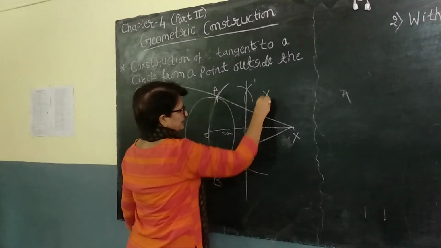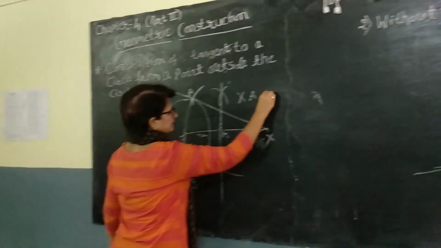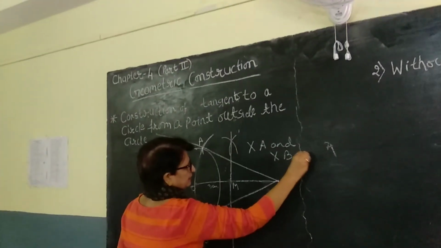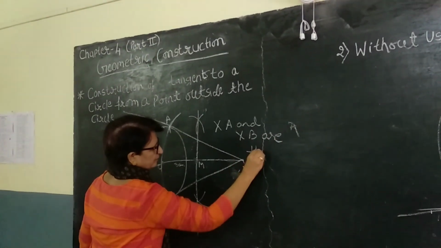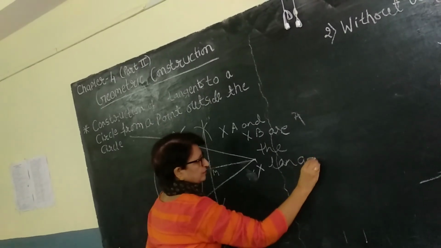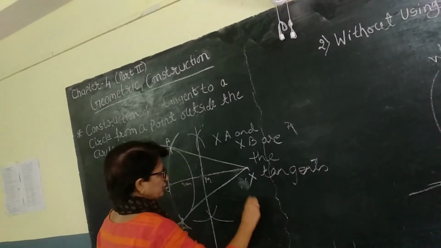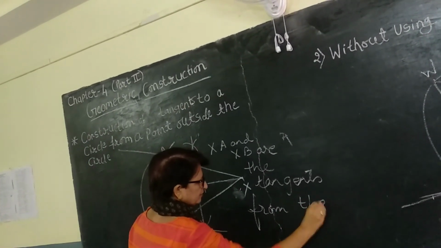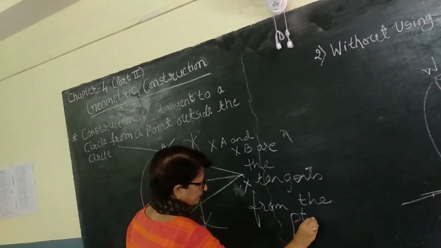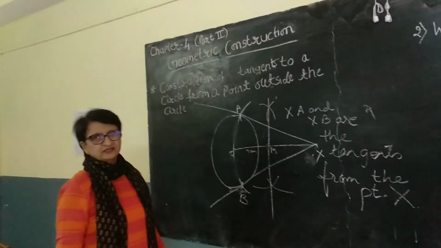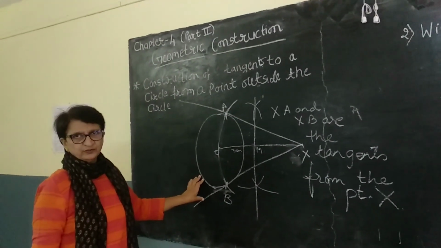So XA and XB are the tangents from which point? From the point X, which is lying outside the circle. In this manner you have to do it. Okay?